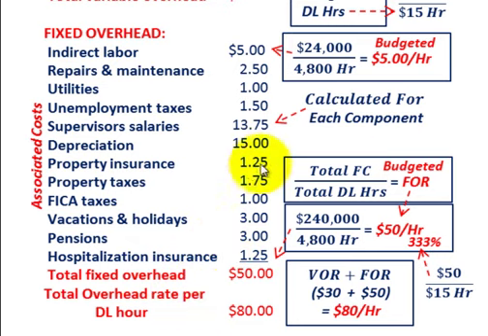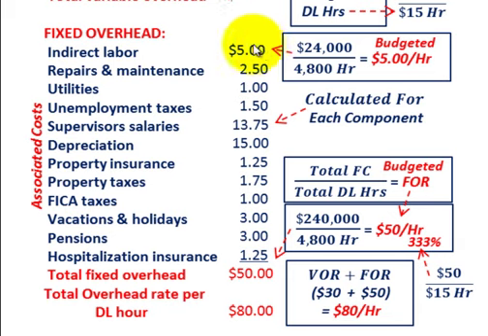Okay, and then again, just remember you make your calculation for each of those components just as we did. You take your budgeted amount that you have for the period, in this case on a yearly basis, and divide it by your total cost allocation basis, which is the direct labor hours for the period. That's going to give you the budgeted amount on a per unit basis.